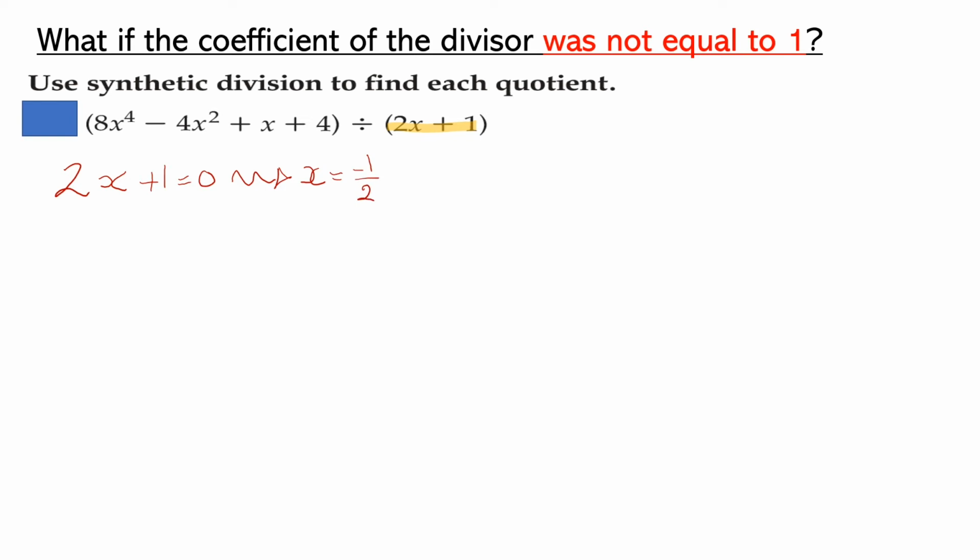Your second step must be to divide the polynomial by the coefficient of x of the binomial itself. So you will divide each term by 2, by 2, by 2.